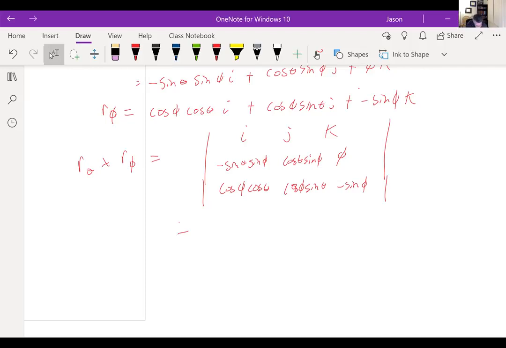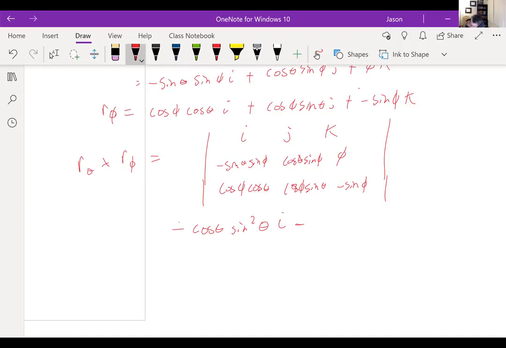Well, it really doesn't matter, they're all negatives and they're going to get squared anyway in the end. So this is cosine theta sine squared phi.